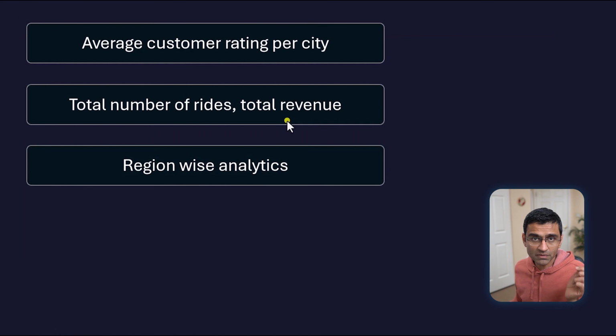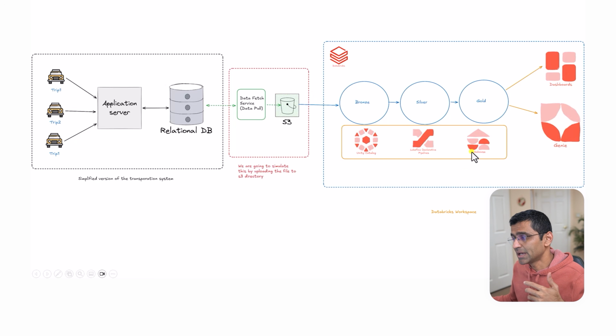Now in terms of technical architecture, we will use obviously Databricks with Lakeflow Spark Declarative Pipelines, and the way it will work is we will provide you CSV files which we are going to upload into Amazon S3. Okay, so S3 bucket.